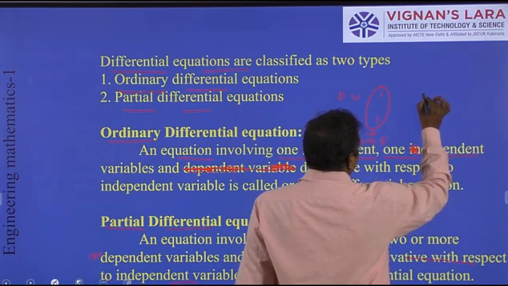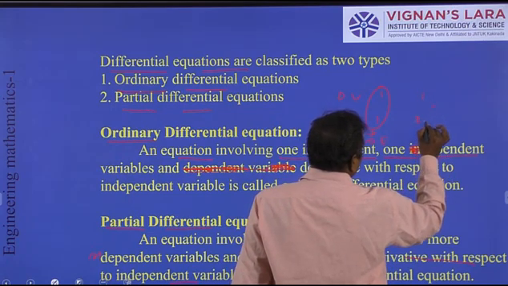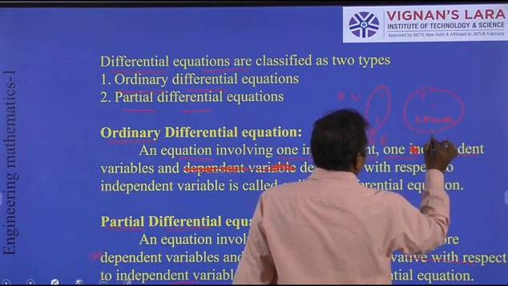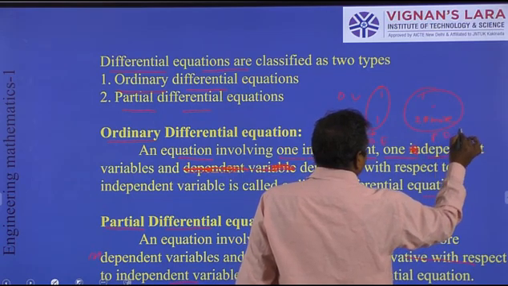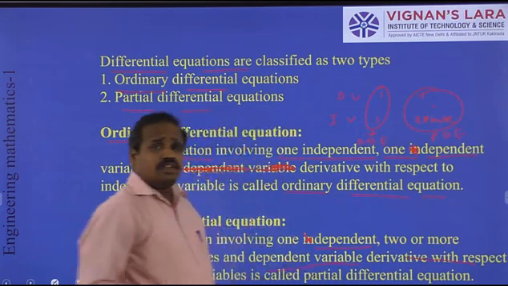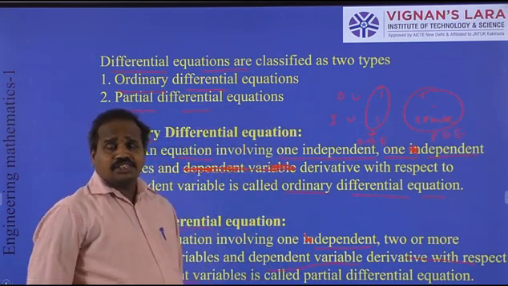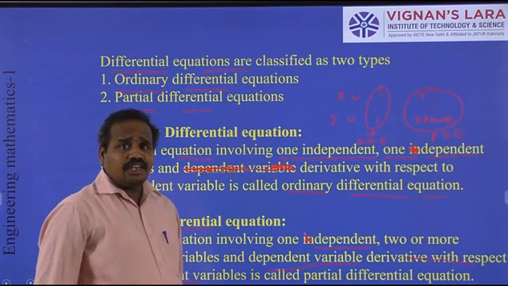If the dependent variable is 1 and the independent variables are 2 or more, then that equation is said to be a partial differential equation. So differential equations are classified as two types: ordinary differential equation and partial differential equation.